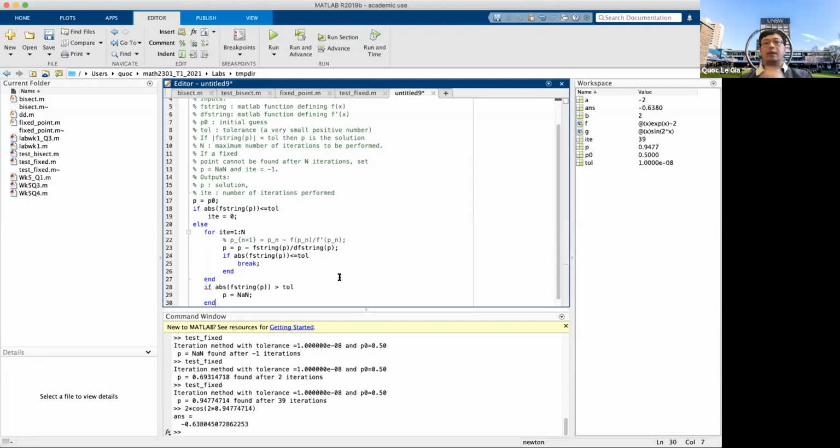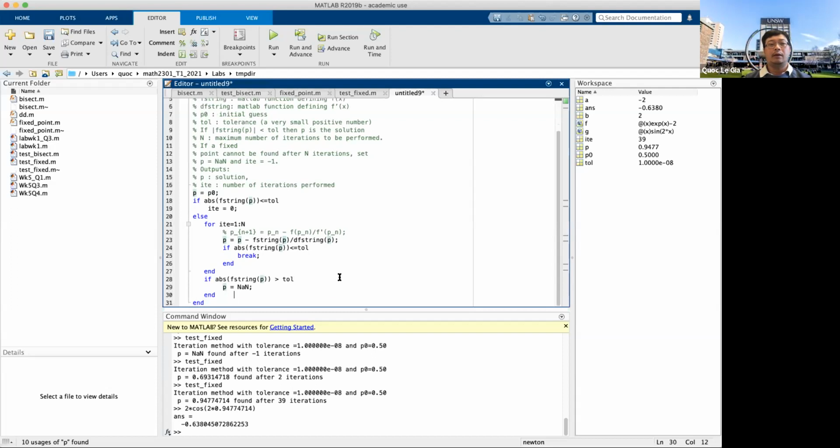So this is identical to the fixed point iteration, except this line. Before, in fixed point iteration, p just equals g of p. But here we have p equals p minus f of p over f prime of p. So that is exactly the same, right?